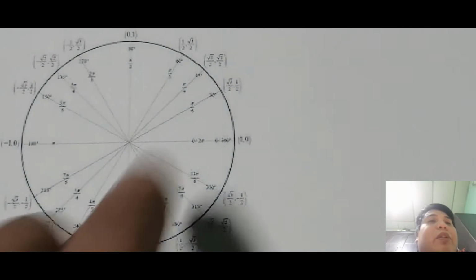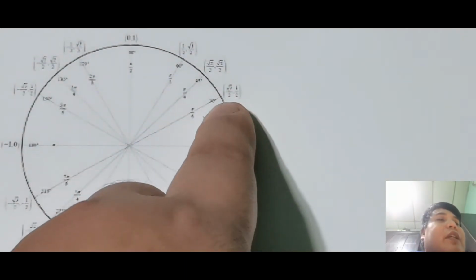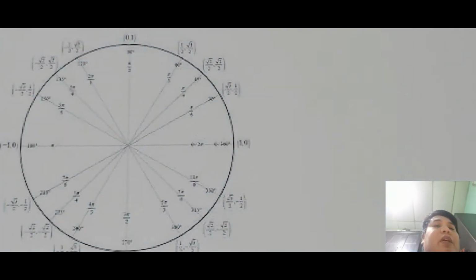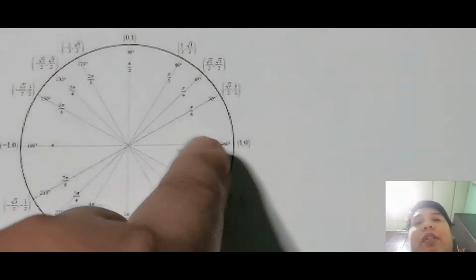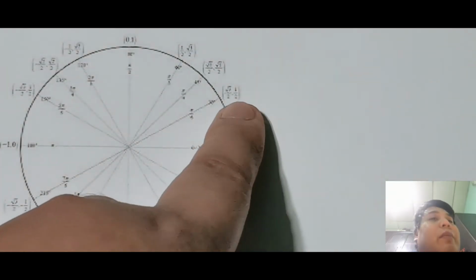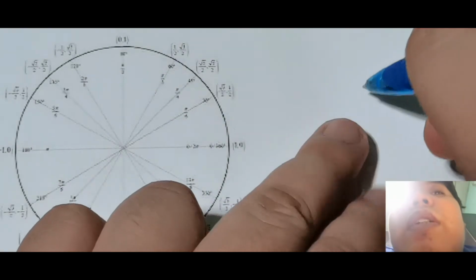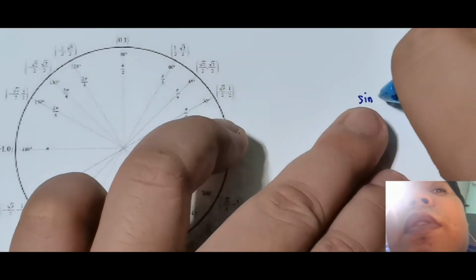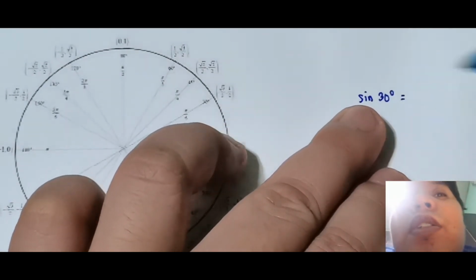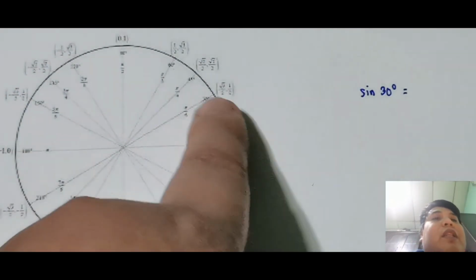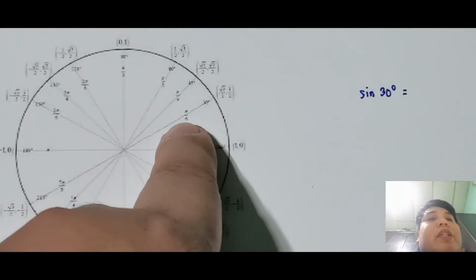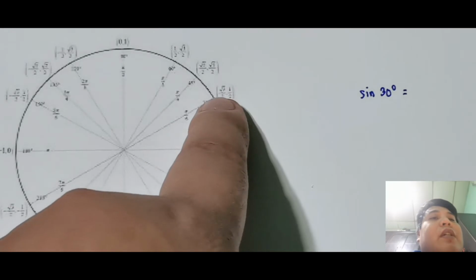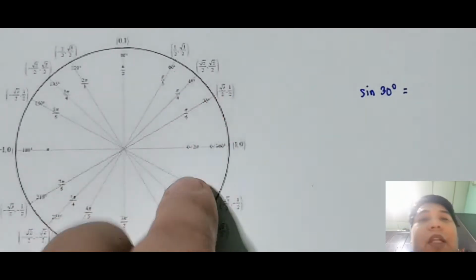Tandaan nyo, kunyari sinabi ko, sin 30 degrees, second coordinate. Based sa tingin ko sa figure, sin 30 degrees or pi over 6 yan. Lilinawan ko lang konti.